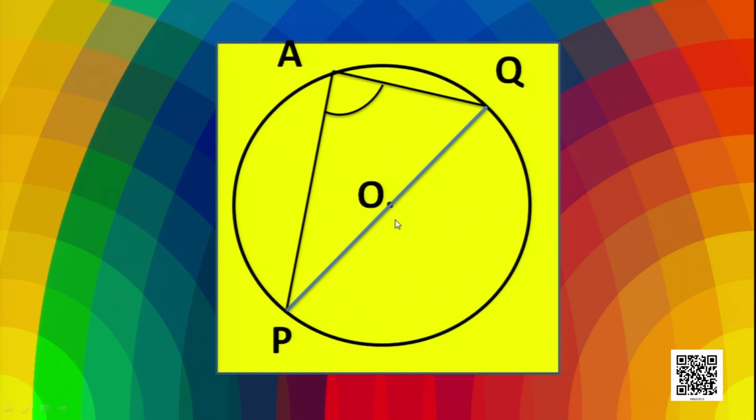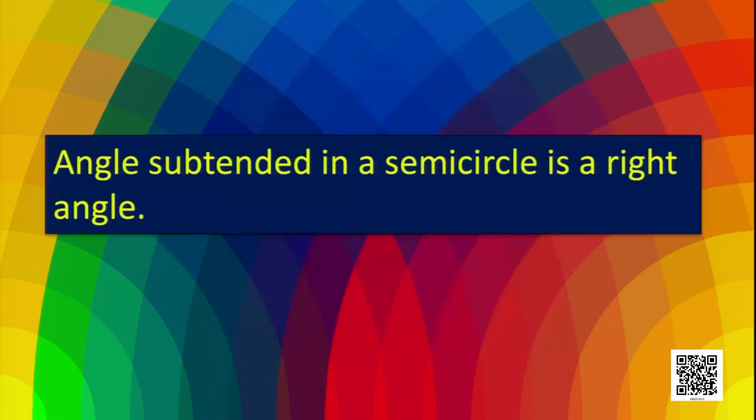The angle subtended by the semicircle is 180 degree, and inside it the angle in the segment, that is inside this semicircle, is half of it, means half of 180 degree, that is 90 degree. So the angle subtended in a semicircle is a right angle. So it is said that angle subtended in a semicircle is a right angle.